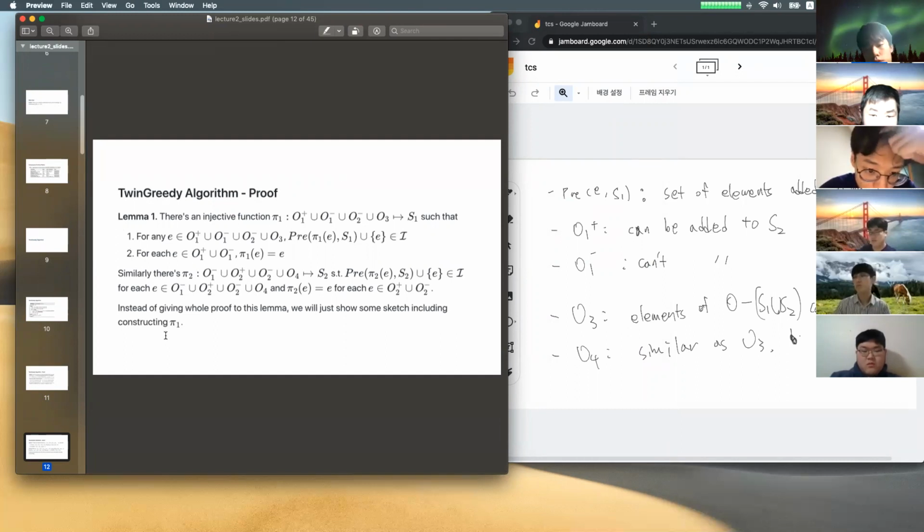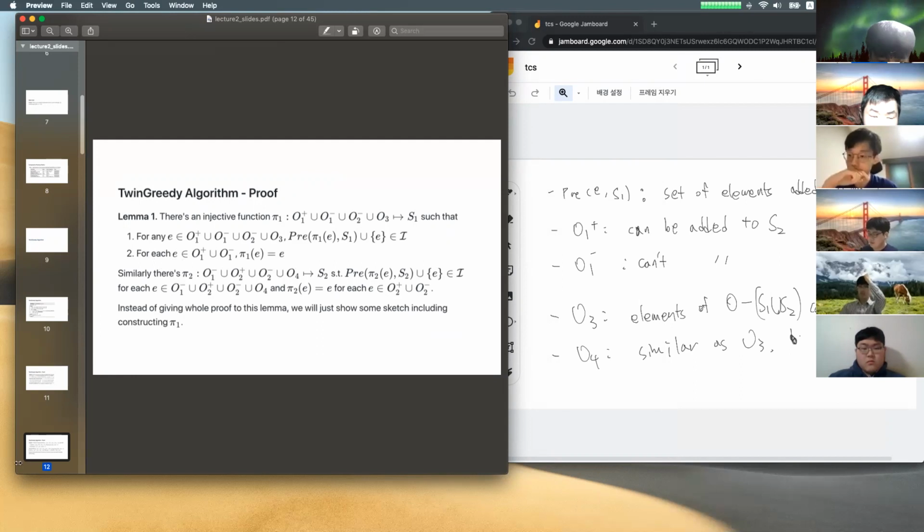Intuitively, the first property means that at the exact moment when pi1(E) is added to S1, E can also be added to S1, and this condition allows us to compare the marginal gain of E and pi1(E) with respect to S1. The second condition is just as written here.